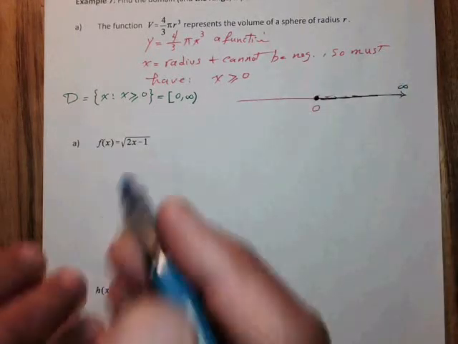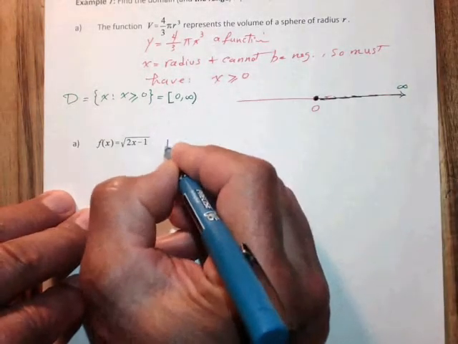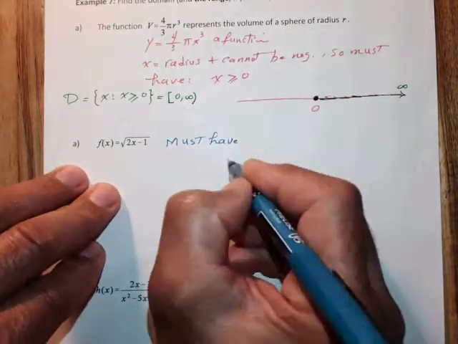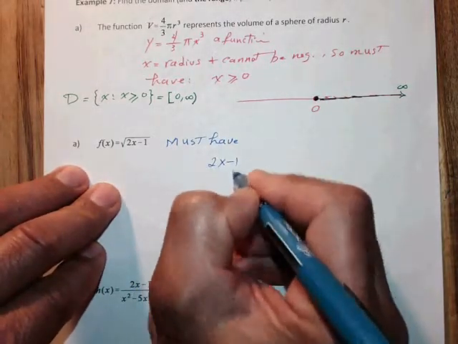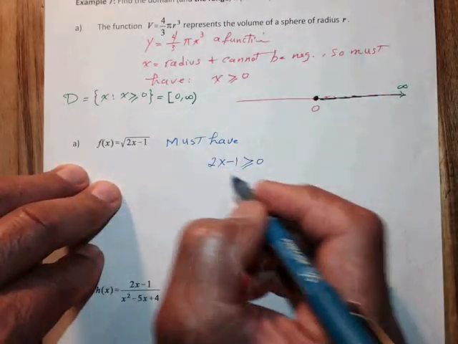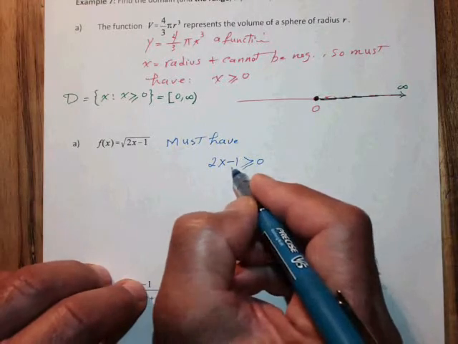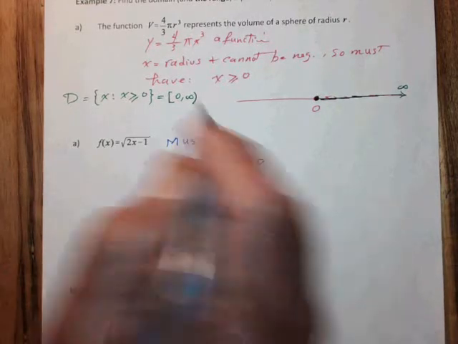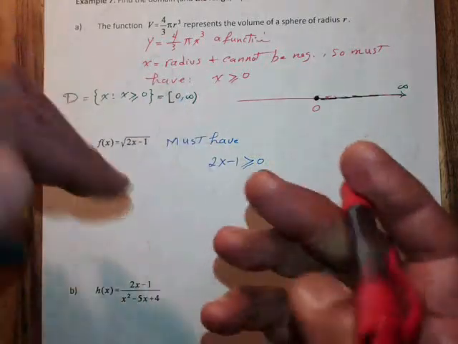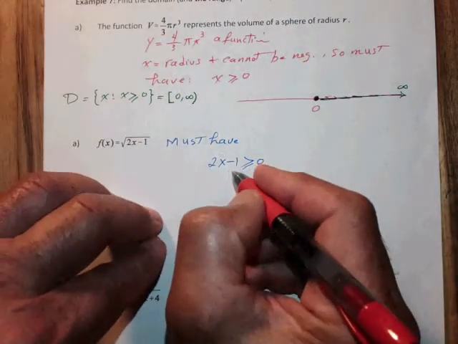Okay, so in this case, we must have 2x minus 1 bigger than or equal to 0, just this whole thing under the radical sign. So that's a requirement. Otherwise, the function will not be defined. Then we go ahead and solve this for x just like an equation.